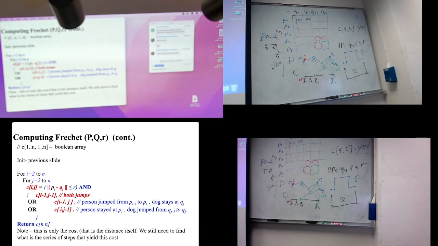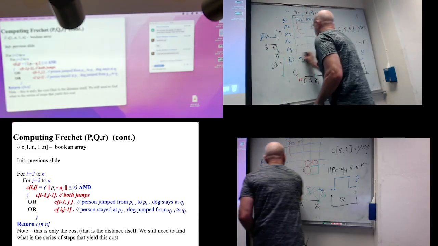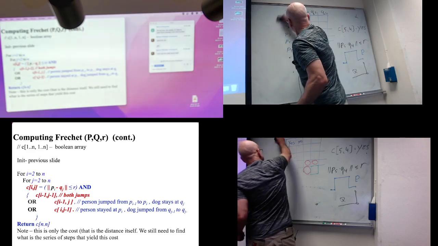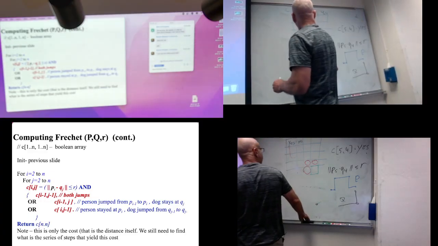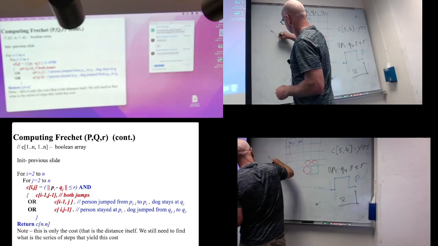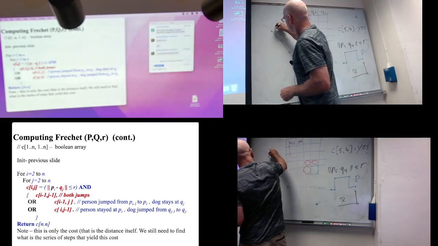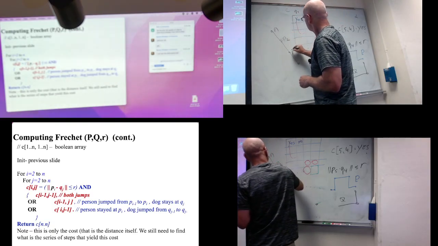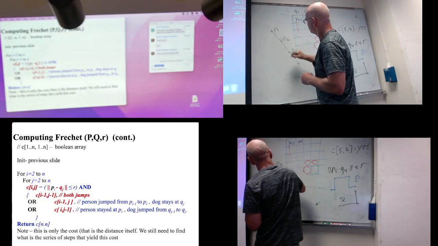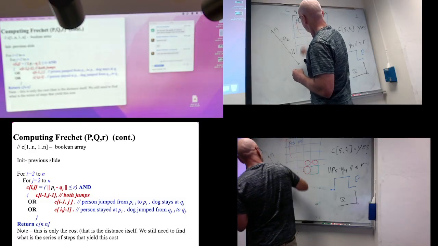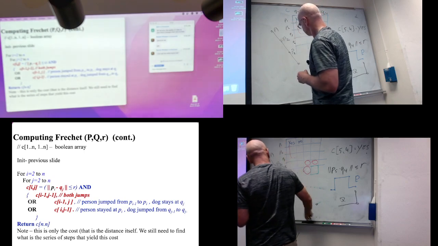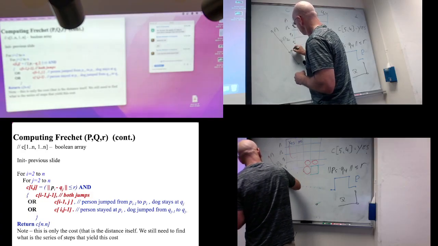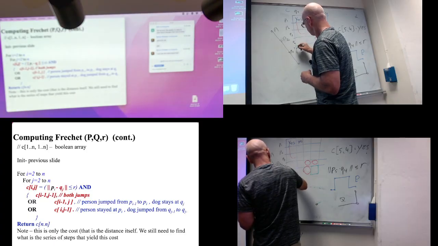Let's do a very quick example. So that would be P1, P2, P3, P4, the same P4 and P5.